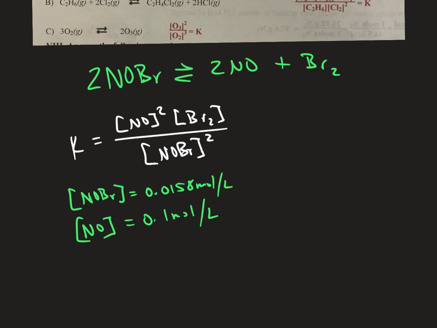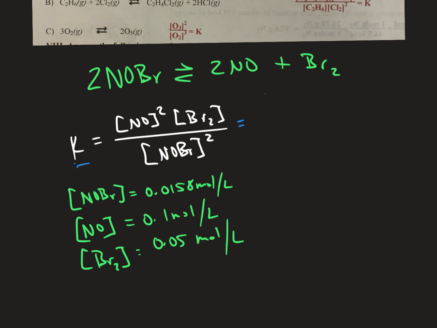And the last one, the concentration of Br2 is equal to 0.05 moles per liter. So since K is already solved, it's all by itself, we don't have to do any algebraic manipulation. We just plug our values in and multiply and divide, right? And don't forget the squares, the exponents, right?